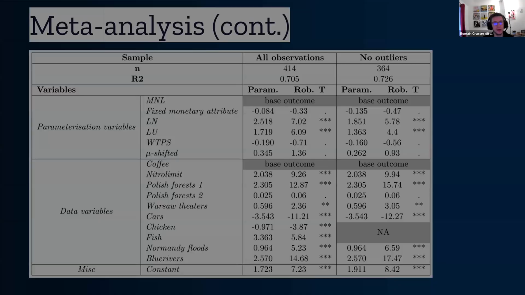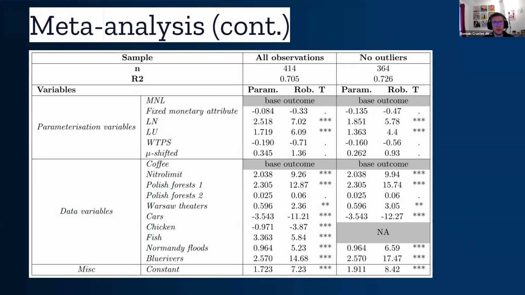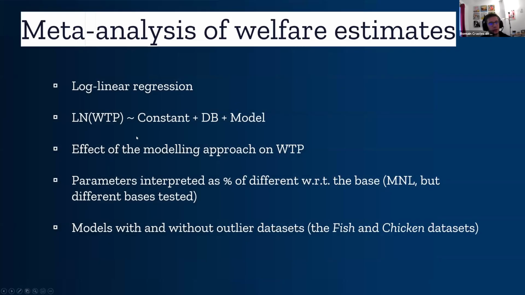And this is confirmed by a meta-analysis where we estimate a model which is the log of the marginal willingness to pay for all the attributes of all the data sets considered. So that's 414 observations, one attribute per model, and that's 8 models per data set, and each data set features between 3 and 16 attributes.